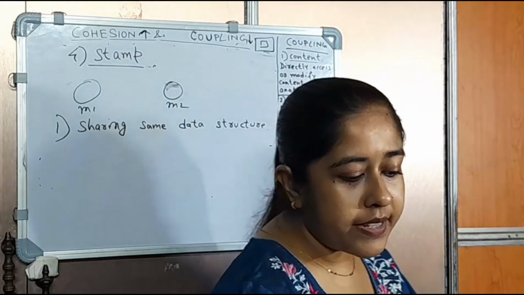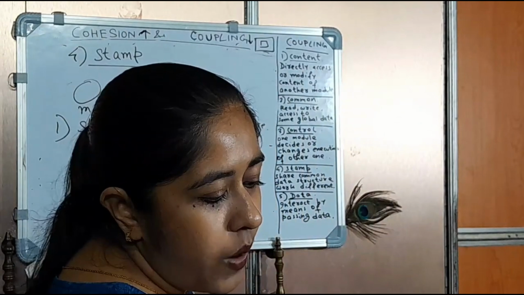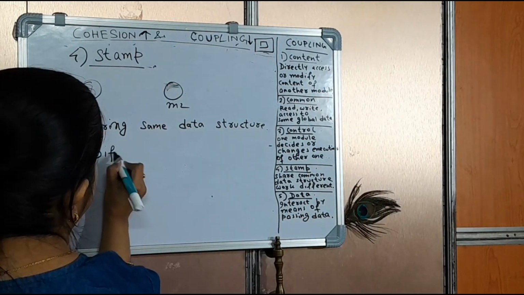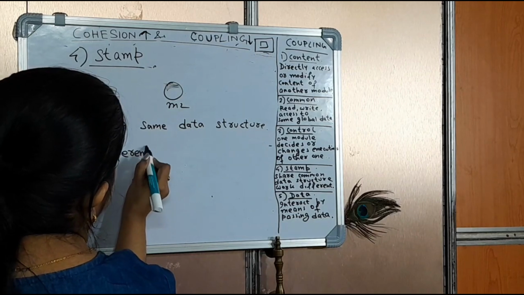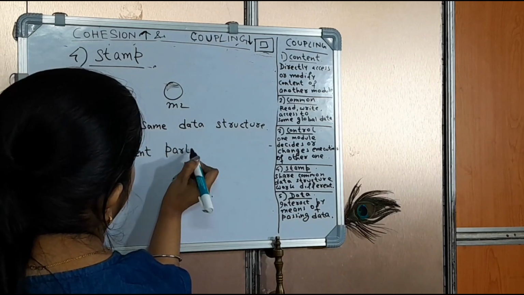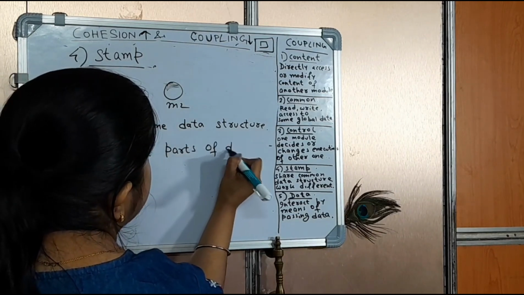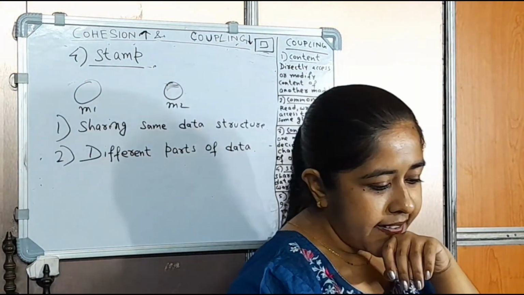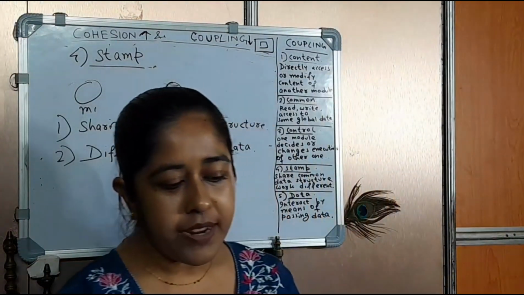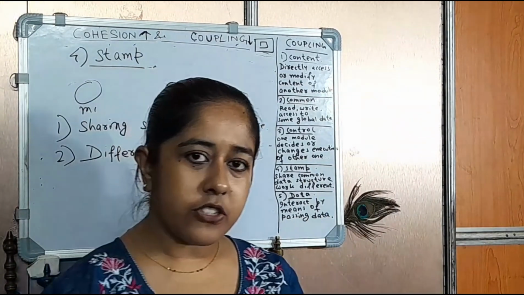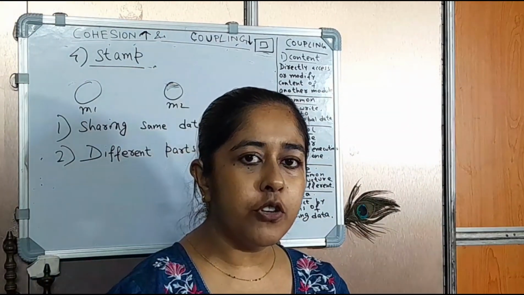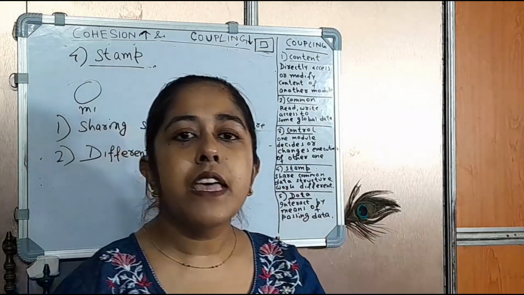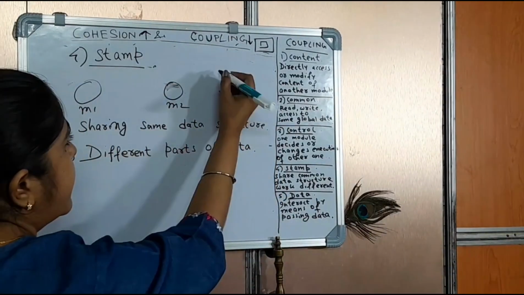But what is different? They are working on different parts of the data. The data structure of both modules is the same, but they are working on different parts. Suppose I have global data.